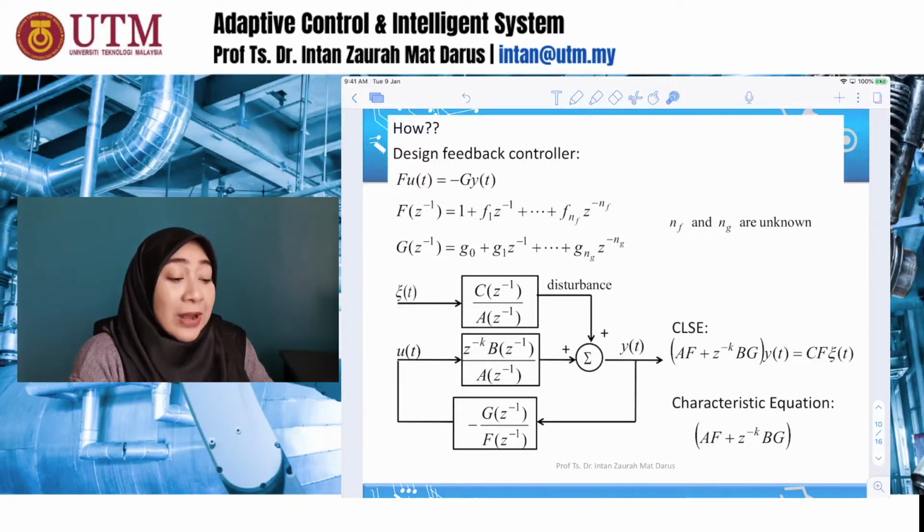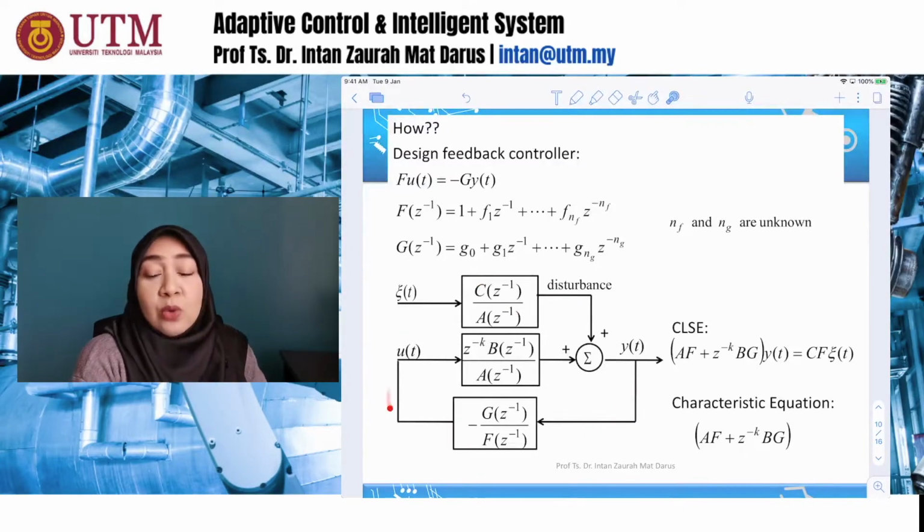When we have added a controller to our system, our closed loop system equation is now changing. It's no longer as before.